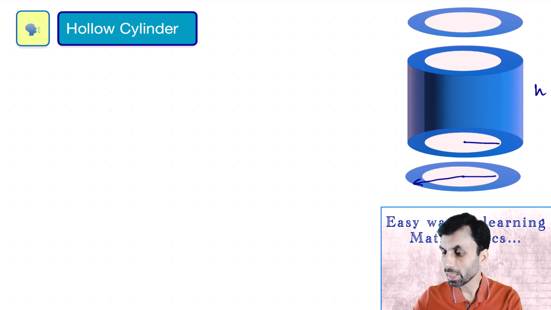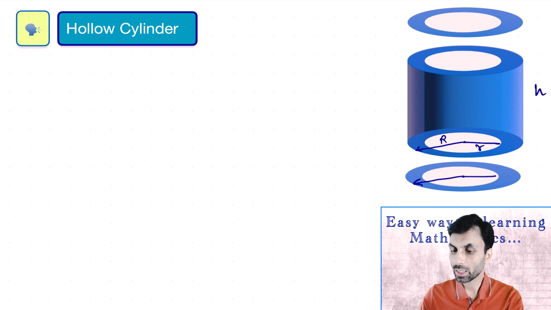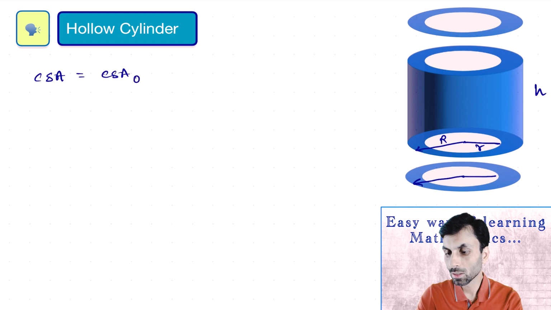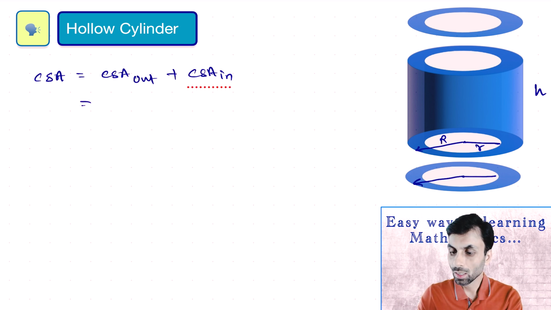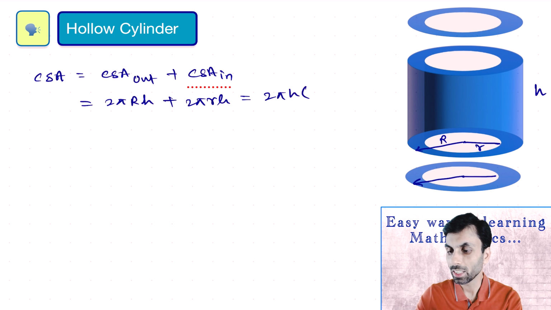So let us suppose the inner radius is small r and the outer radius is capital R. Then the curved surface area will be the curved surface area of the outer plus the curved surface area of the inner. The outer curved surface area will be 2 pi capital R into h plus the inner curved surface area, which will be 2 pi rh. On taking common, we can write it as 2 pi h into R plus r.